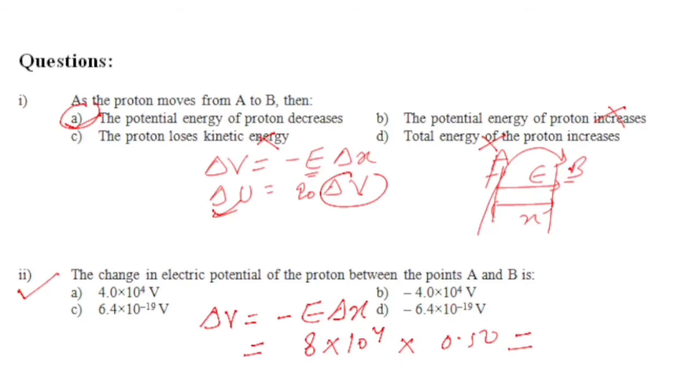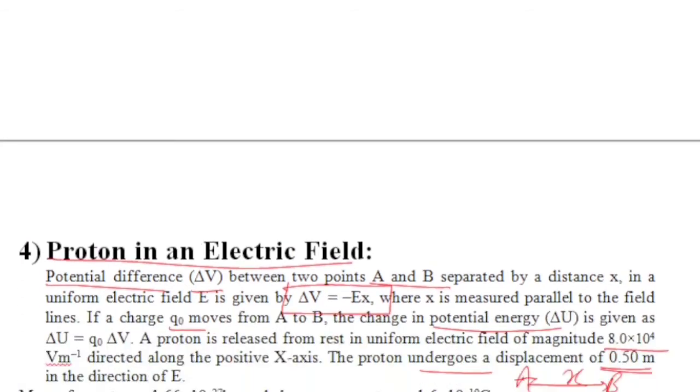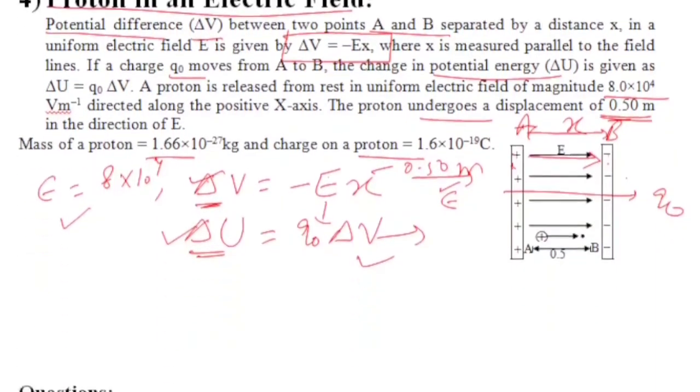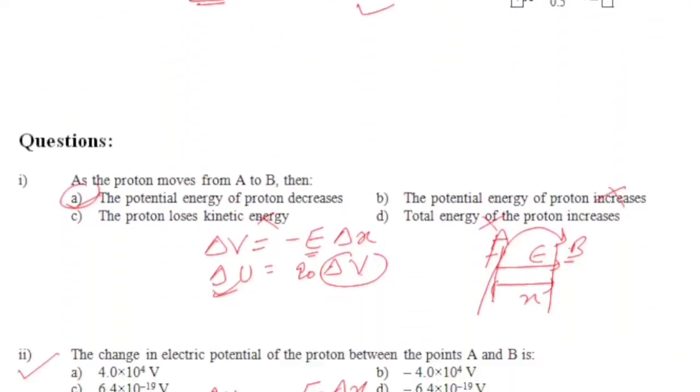Please pause the video and try to solve this question fast. What is the value of E? Note it down from this one. The value of E is given as 8 into 10 to the power 4 and displacement is 0.50, right? Have you got the answer?